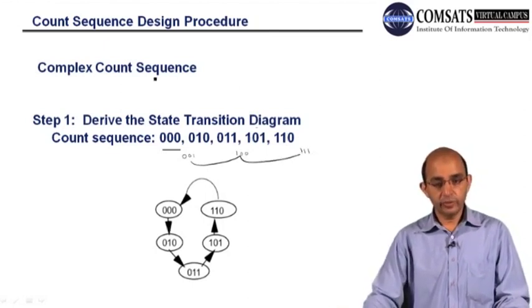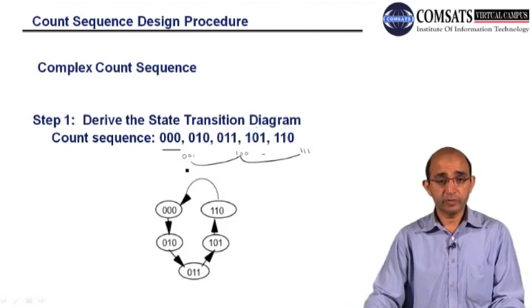But what we need to do is design a circuit that can count in this fashion, right? It will start from 0 0 0, so next state will be 0 1 0, and then next we will have 0 1 1, and then after skipping 1 0 0, we will have 1 0 1, 1 1 0. So this is the problem statement, or you can say the specification, right?